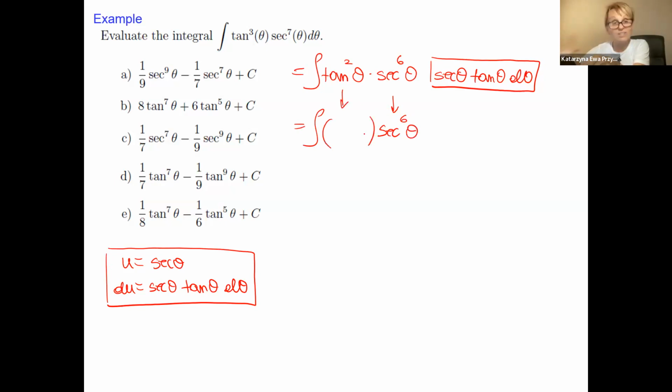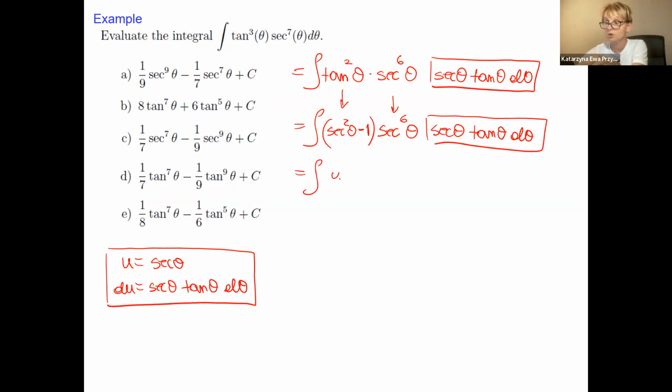How can I rewrite tangent square in terms of secant? That's important. I want my students to know this. This is my du. Tangent square is secant square theta minus 1. Okay, u squared minus 1, u to the power of 6, and this is du.